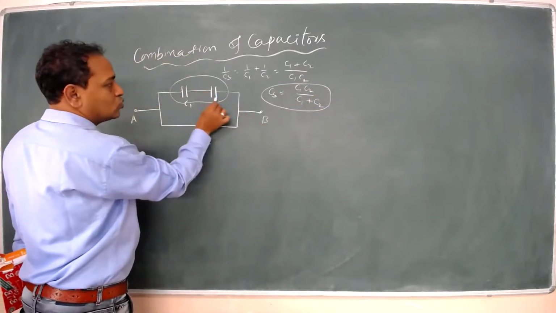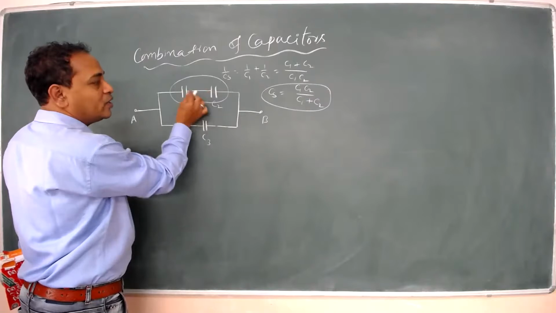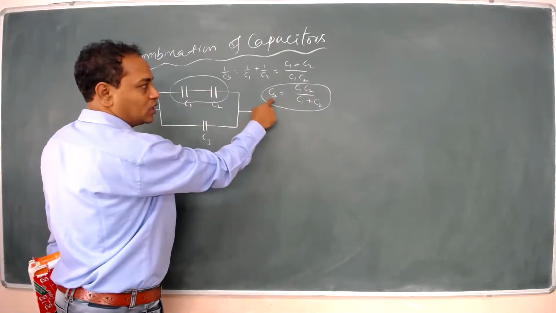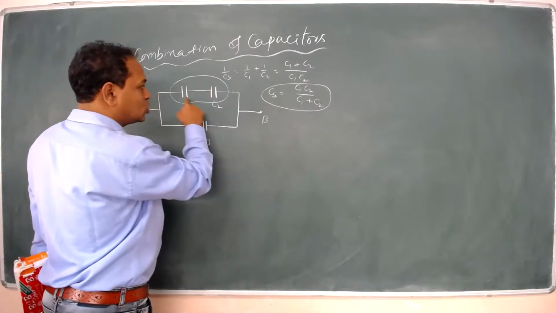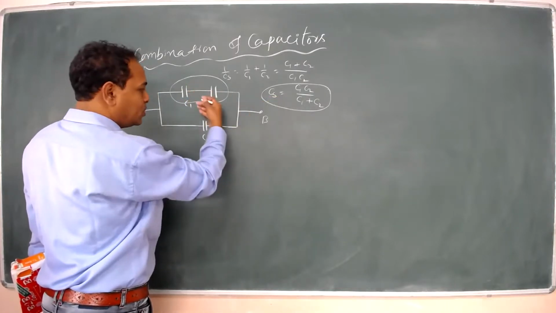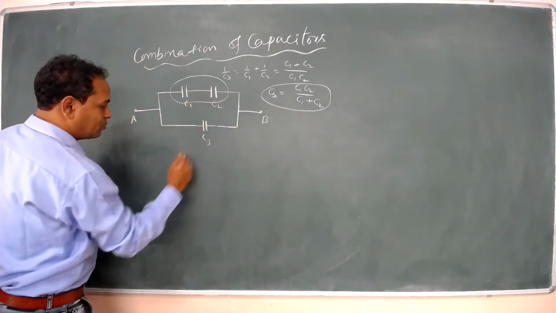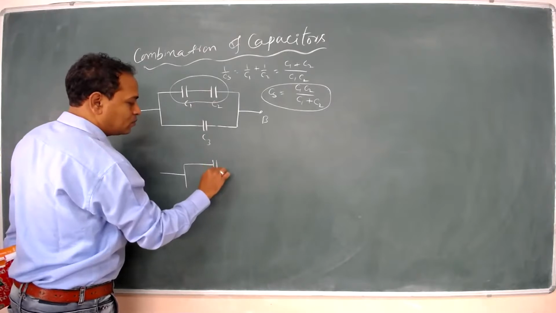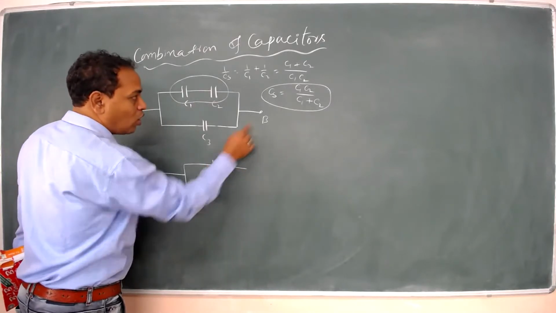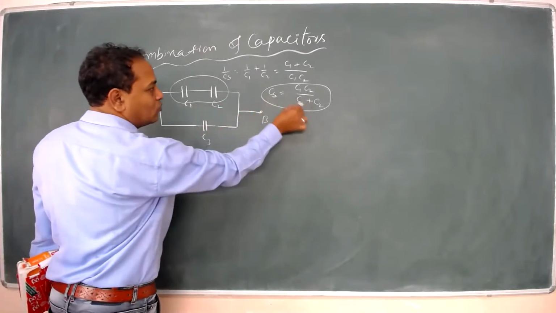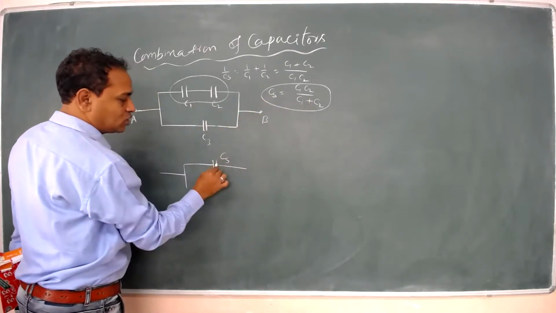So these two capacitors combine to make one single capacitor of value Cs. Next, this diagram can be redrawn like this, now as a single capacitance of value Cs.